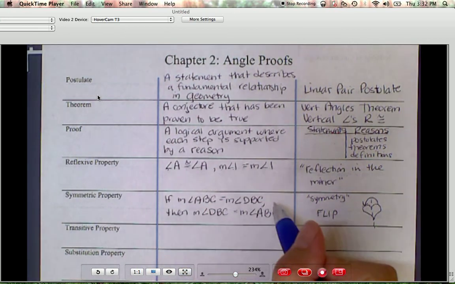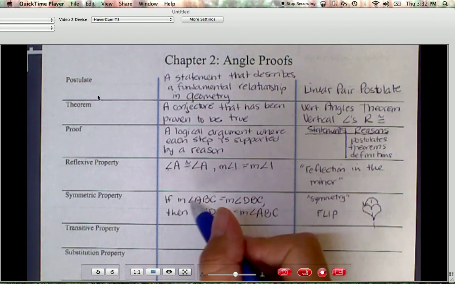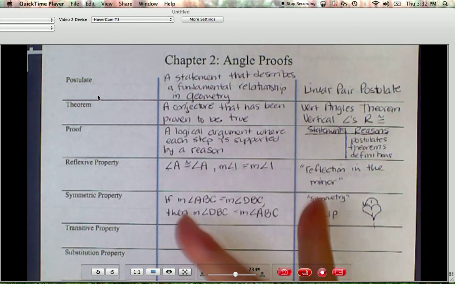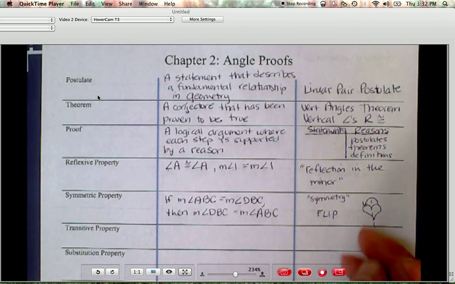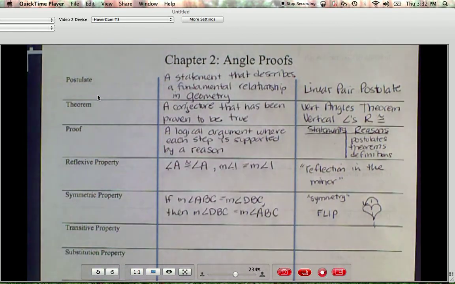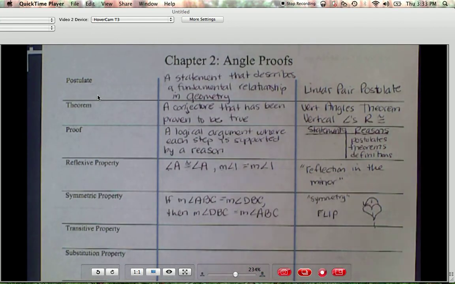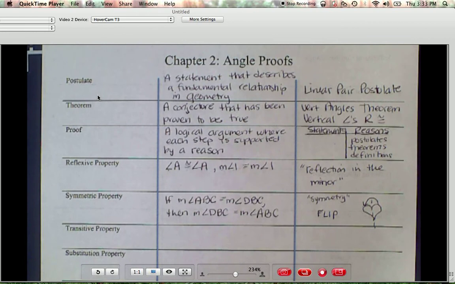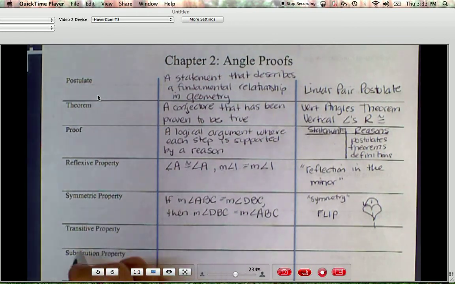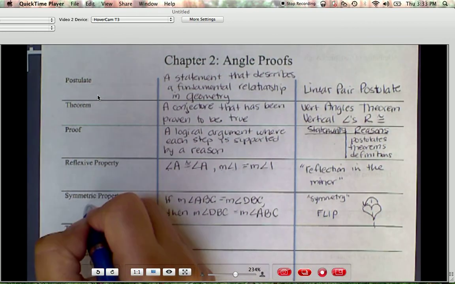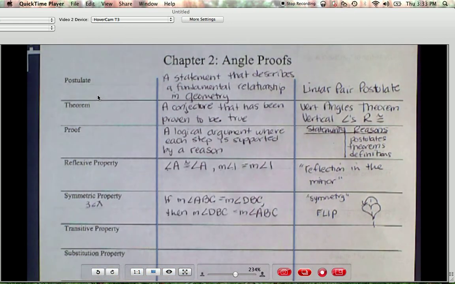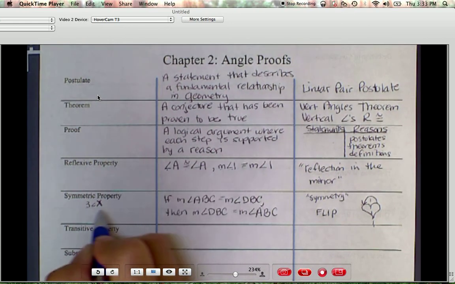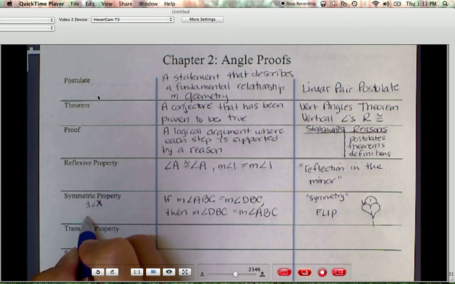In the if portion of the statement, you take whatever the equality is and you flip it over. So symmetric, think of symmetry, think of a heart, folding it or flipping it over on itself. So you flip this. We do this a lot when we solve an equation. You don't have to write this down. I'm just going to write this down to show you. When we solve an inequality, we might get 3 is less than x, like this. And if you want to put it in set notation, remember the x had to be on the left side.